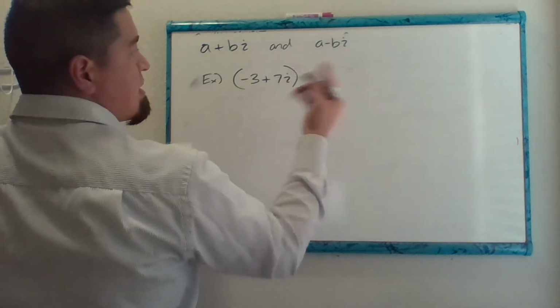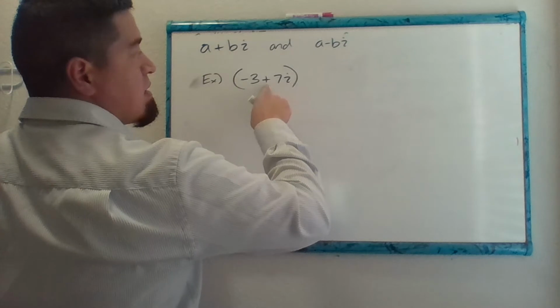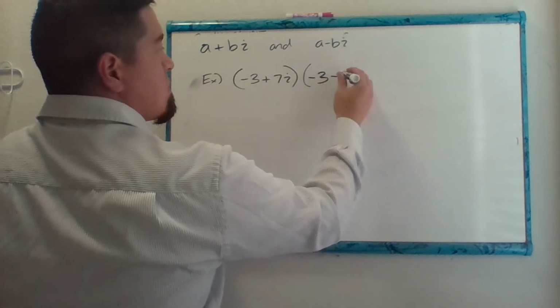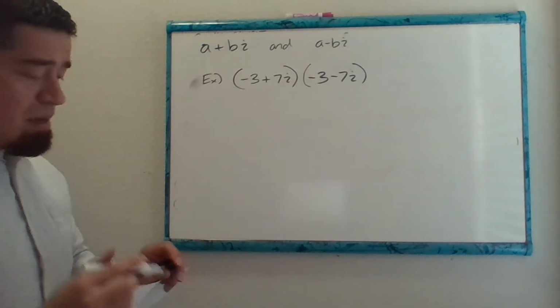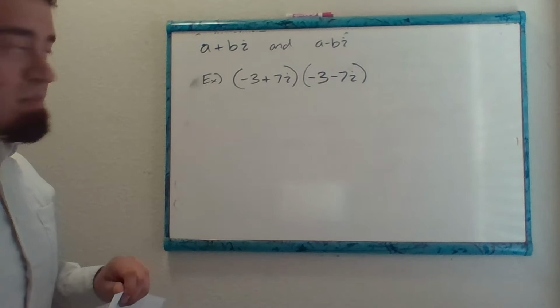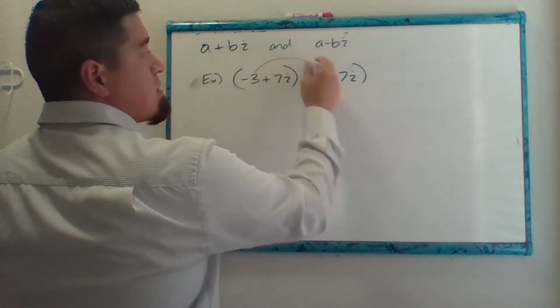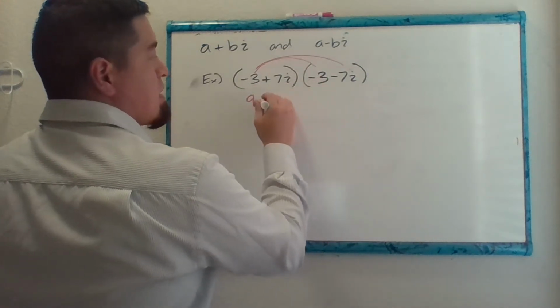I'm going to set it up as if I were going to multiply it, but what's the conjugate of that? Well, you just change the imaginary part. It's positive, we're going to change it to negative. That's the conjugate. Okay? And we've actually done this today. So we're just going to distribute negative 3 times negative 3. You get 9. Negative 3 times negative 7, that's positive 21i.